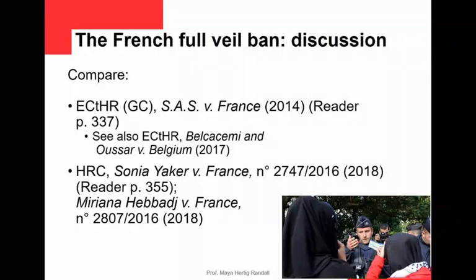So comparing the two decisions, I would see differences. First of all, we can see differences about the legitimate aim. The Human Rights Committee interprets the grounds of limitation narrowly and says living together is not part of protecting the rights of others. The European Court here is less restrictive, interpreting the rights of others more broadly.